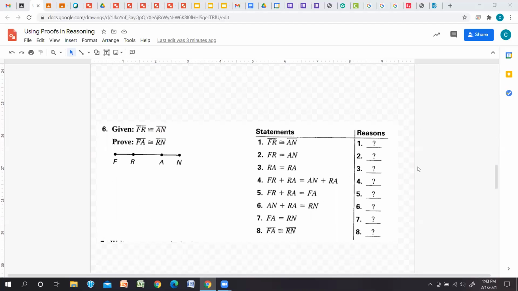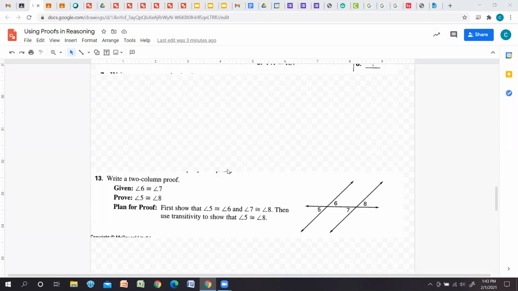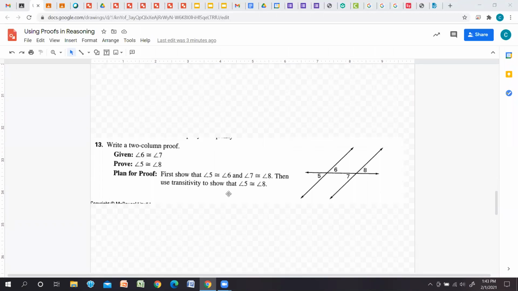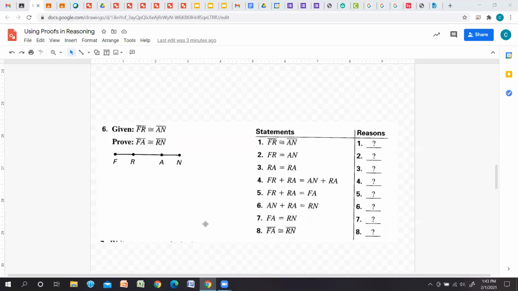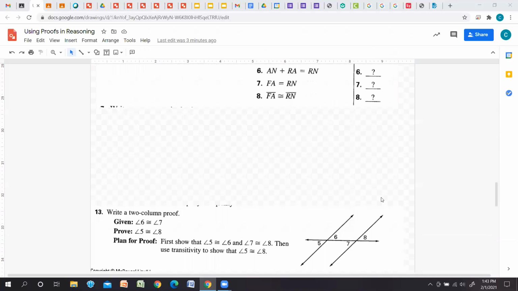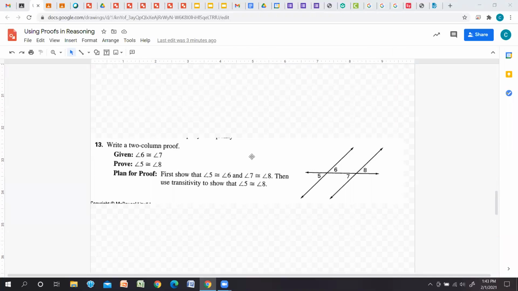You're going to have to fill in the blanks for the reasons in this proof, and then down here, you're going to try to write your own two-column proof. So remember how it's written. On the left are the statements, on the right are the reasons. When you write it, you always start with the given statements, and the last line should be what you're trying to prove. And it even lists the properties that you should use.